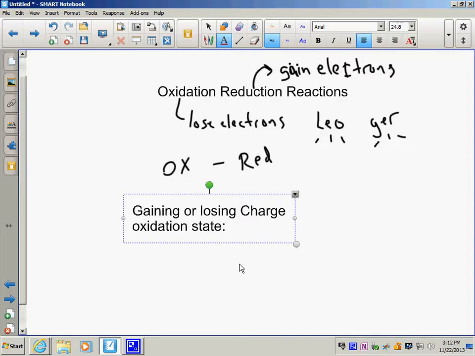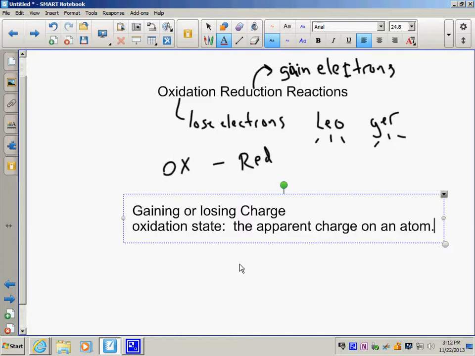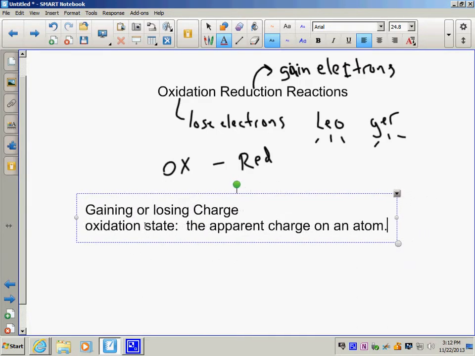The definition for oxidation state is the apparent charge on an atom. We will talk more about oxidation states in the chapter on electrochemistry. Today, we're just going to look at the fact that its charge, or oxidation state, is the charge on the molecule.